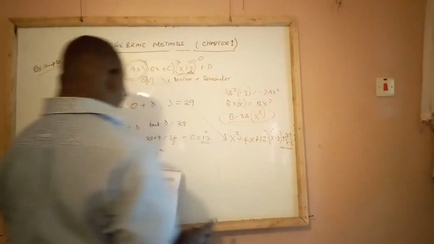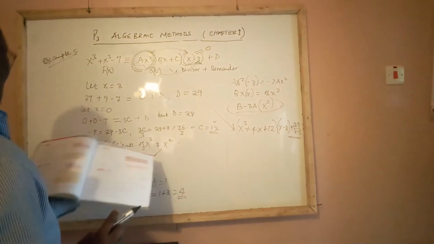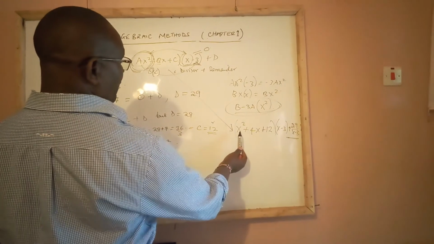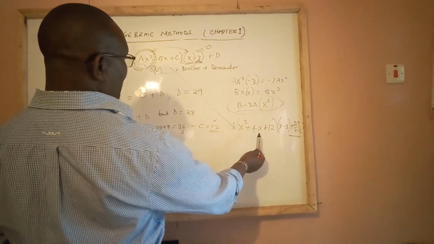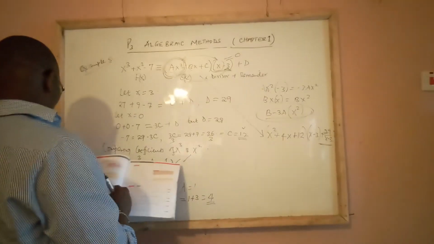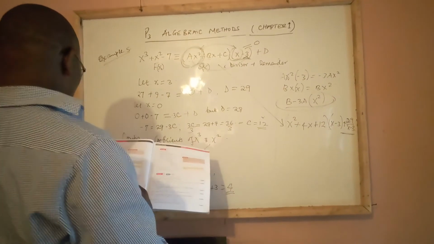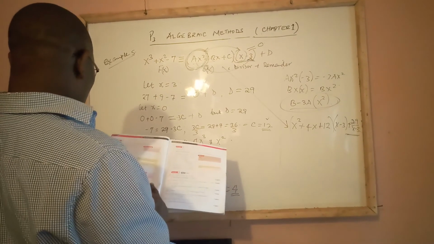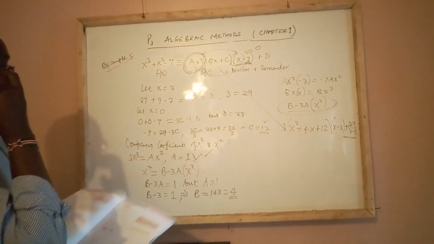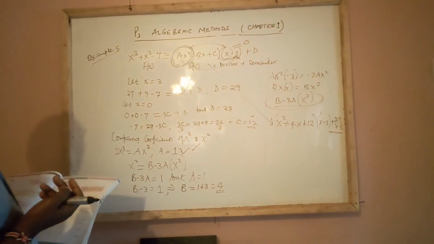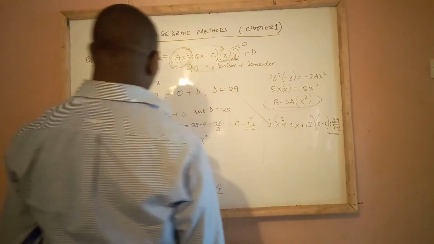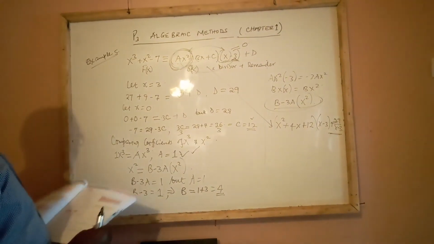This has been achieved: the value of a is 1, b is 4, c is 12, and d is 29. This example 5 is exactly the same as example 4, only that we have given it a different approach, but of course the solutions are the same. All right?